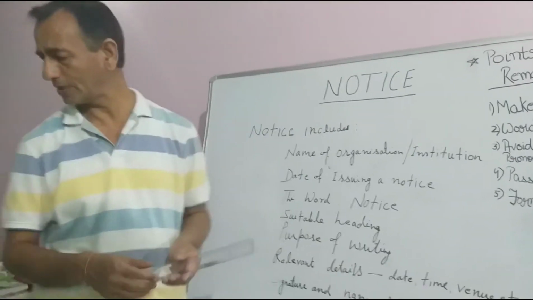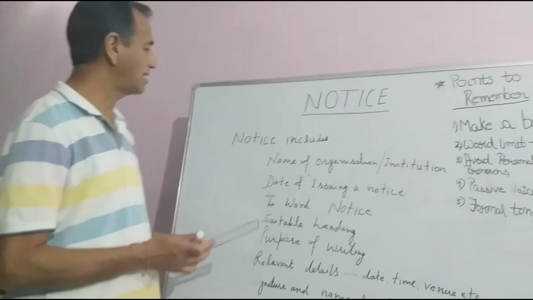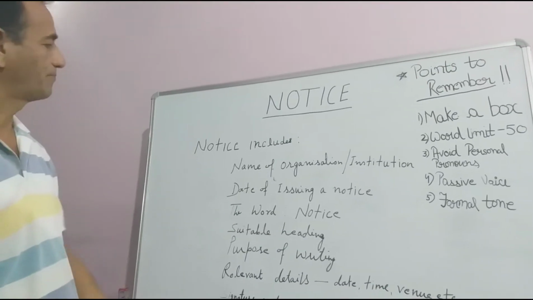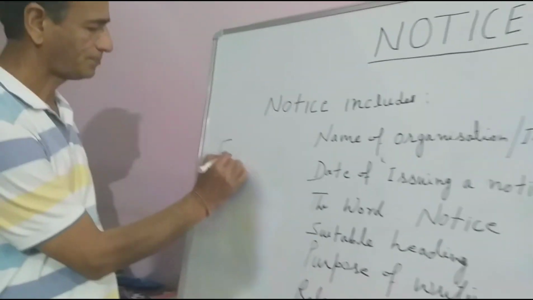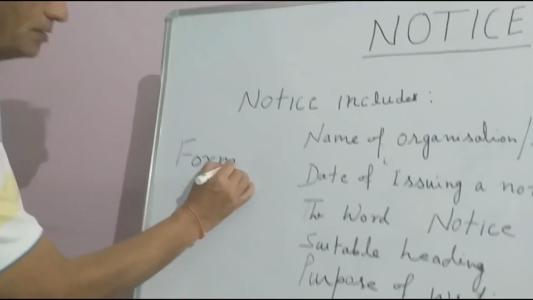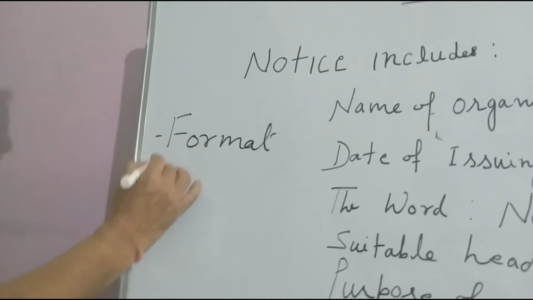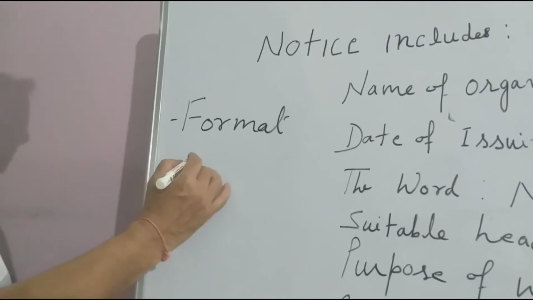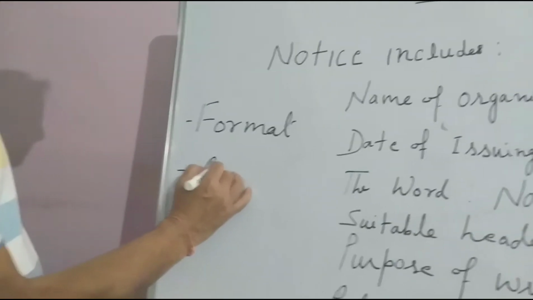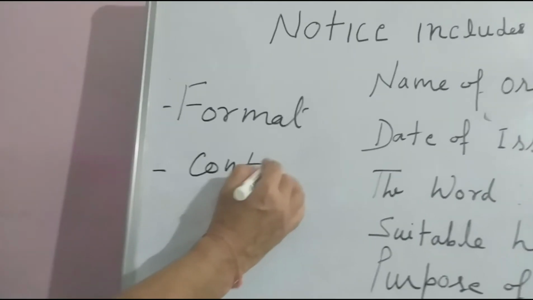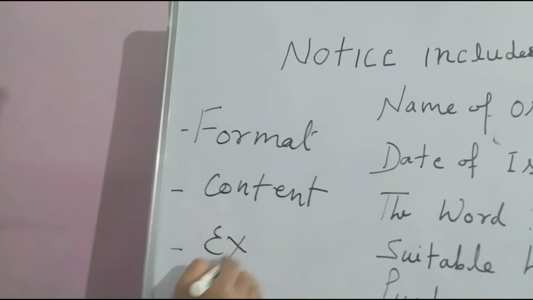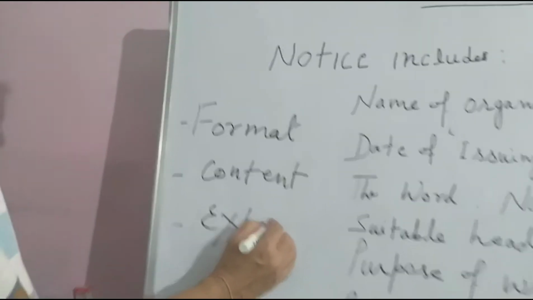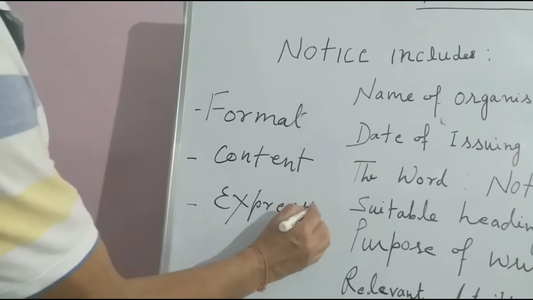Means there are two important things which you have to remember in notice writing. So first is a format. Second is the content of the notice. Third is expression, how you are writing your notice.